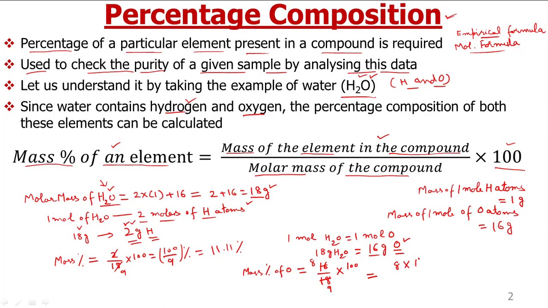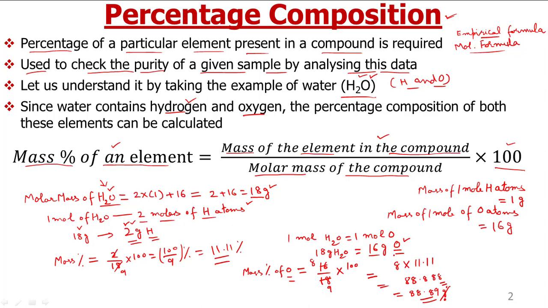We have already calculated 100 by 9 as 11.11, so it is 88.888 something. If we round off up to 2 digits, it will be 88.89. The unit is percent, it is not grams. So this is the mass percentage of oxygen, and this is the mass percentage of hydrogen.